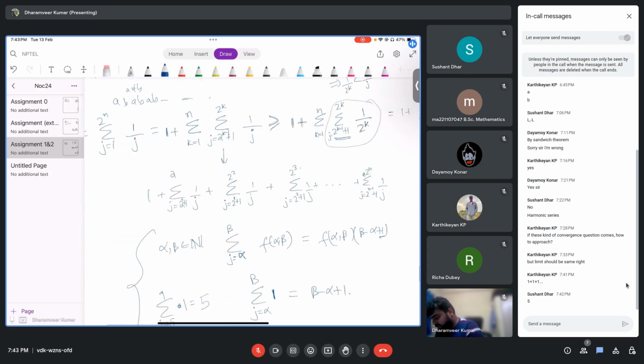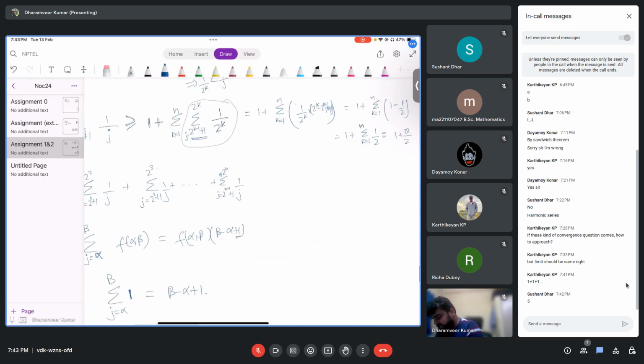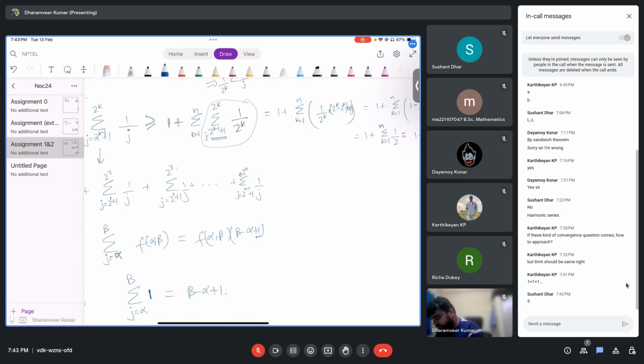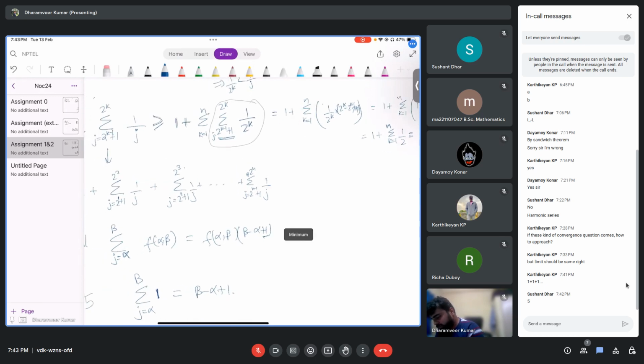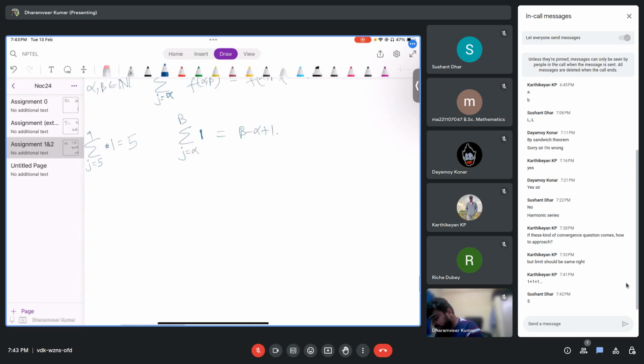Okay, so what we have shown is x2n is greater than or equal to 1 plus n by 2.